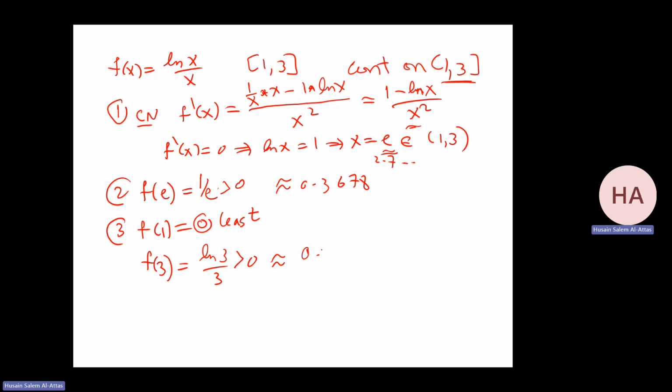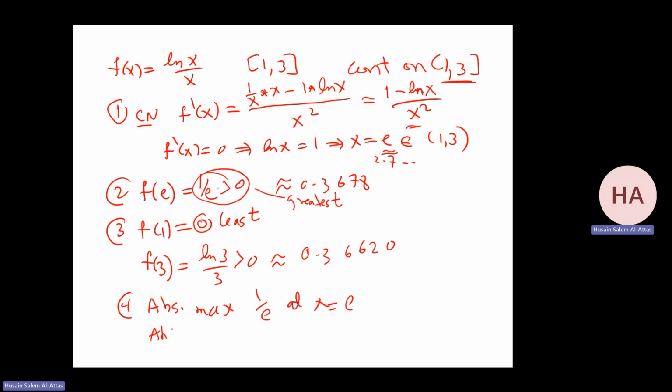That will give me 0.36620. Wow, they're almost there, but 1 over e will be the largest. So the absolute maximum will be 1 over e at x equals e, and the absolute minimum will be 0 at x equals 1.